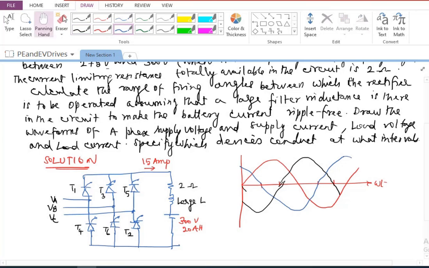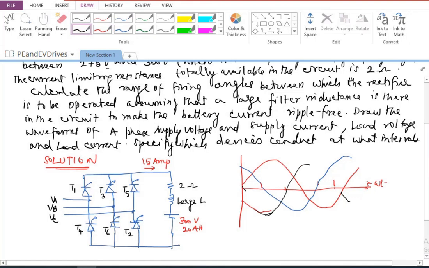So these are the 3 phases, VA, VB, and VC.